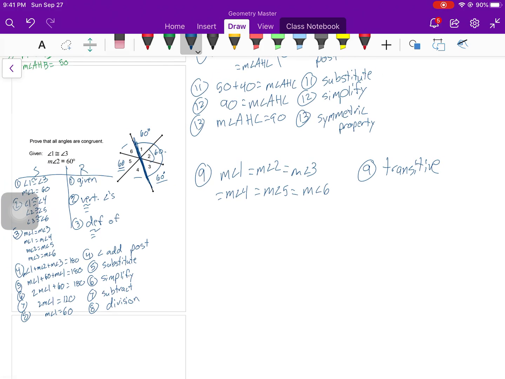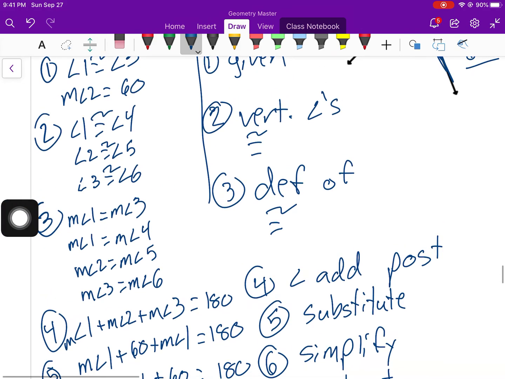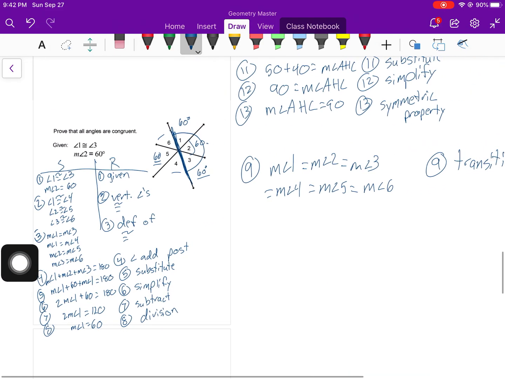Now, I kind of put a whole big transitive property together, because what I already knew was this stuff. Okay. But what I just showed was that measurement of angle 1 was 60. So measurement of angle 1 equals 60 equaled the measurement of angle 2, which equaled the measurement of angle 5, right? But I also knew that these angles 1 and 3 were the same, and 3 was the same as 6. That's how I was able to get everything equal.